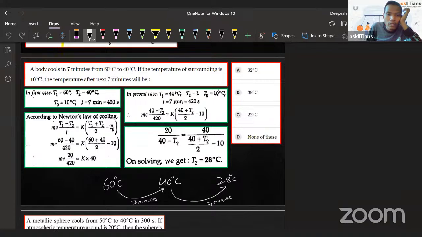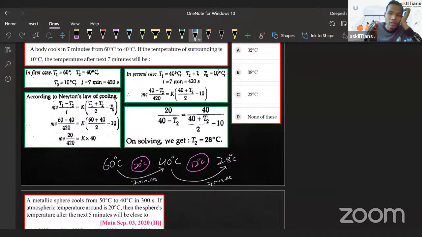Clearly, the decrease over here was 20 degrees Celsius. And clearly, the decrease over here is only 12 degrees Celsius. Why am I saying something like this? Because as the difference becomes smaller and smaller, the cooling down of a body also becomes smaller and smaller. That is, the temperature of the surroundings is 10 degrees Celsius.